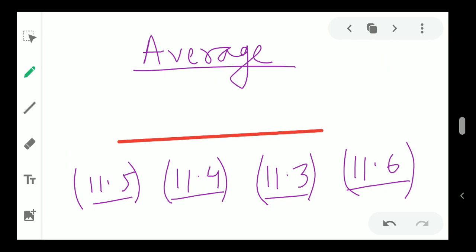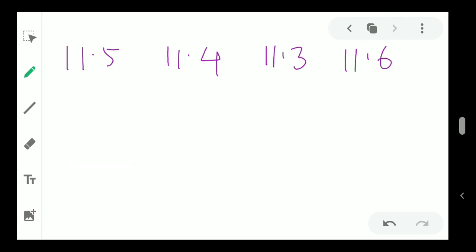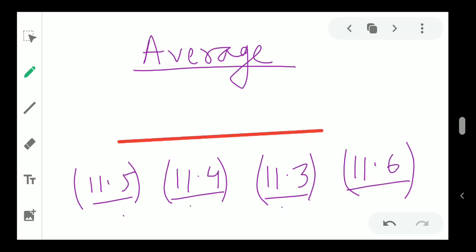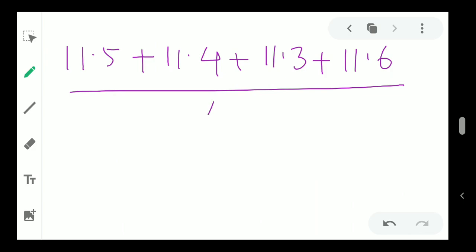So these are the values you have taken. So to find the average, what we will do, we will add all of the values and then we will divide it by how many observations are given. How many? 1, 2, 3 and 4. So we will divide it by 4. Whatever we will get, that will be our average value, and that value I will take from you.